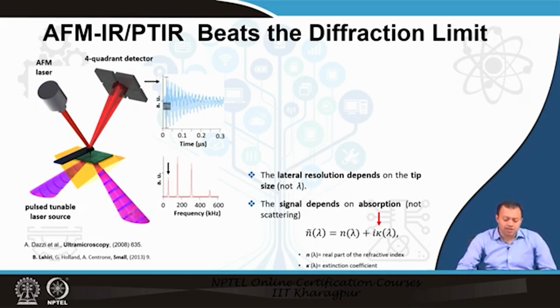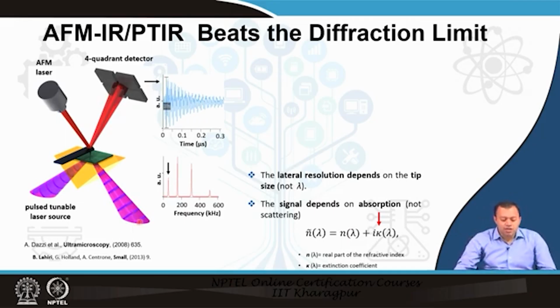Each pulse exists for a few nanoseconds or a few picoseconds, and there is a gap between one pulse and another of a few microseconds. One pulse will exist only for 1 nanosecond and you have to wait for 1 microsecond for the next pulse to arrive. So, it is not a continuous beam of light, it is a pulsed wavelength.